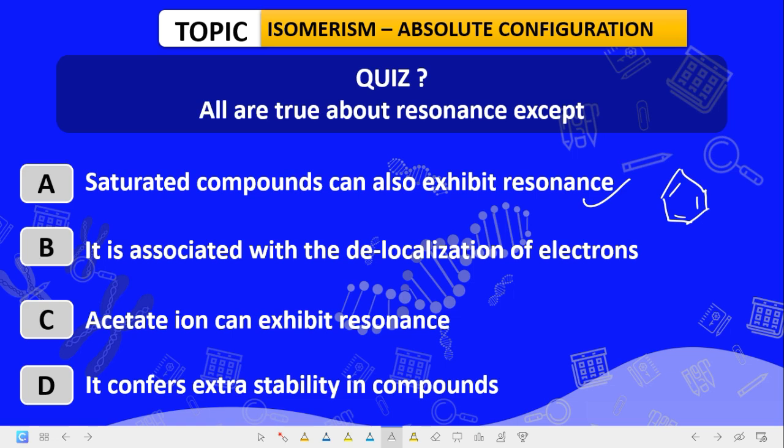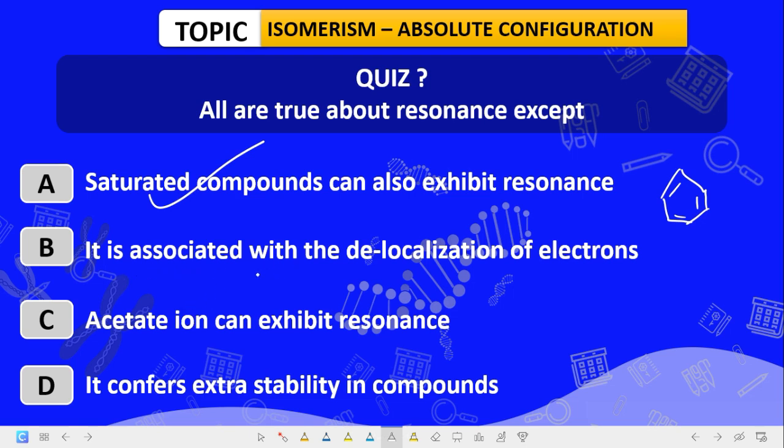Is that understood? So resonance is the delocalization of pi bond, and it only occurs in unsaturated system, not in saturated system. Saturated system cannot exhibit resonance. Hence, this one is not true, and we are looking for the one that is not true to get the correct answer. So this is the correct answer. You may not even need to go further if you know what you are doing.